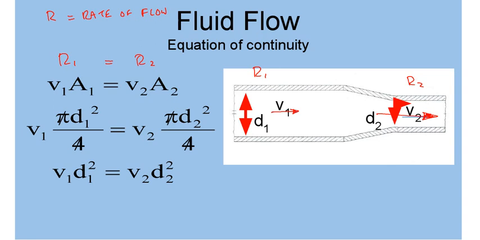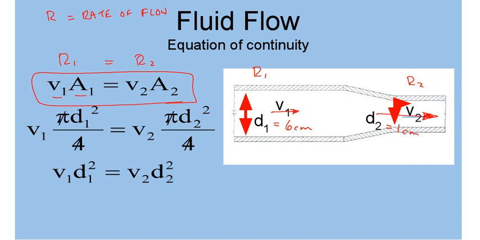That rate would be the cross-sectional area A1 times the velocity V1, and same thing on the other side. You can see here that this would be fine to work with if you wanted to calculate the areas and plug them in. Or typically they give you the diameter of the pipe. Maybe the diameter here is 6 centimeters, and the diameter over here is 1 centimeter.